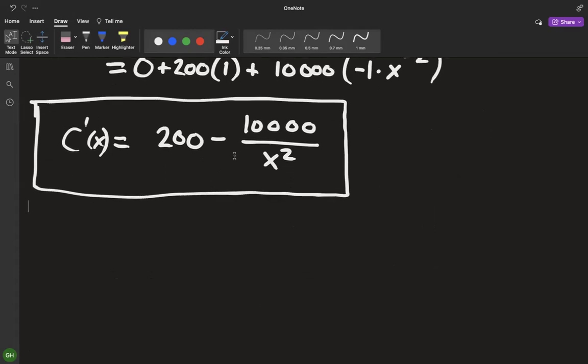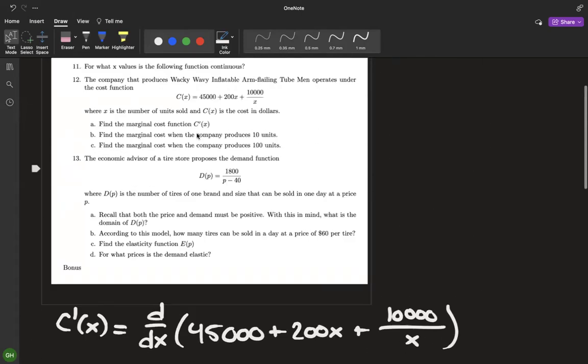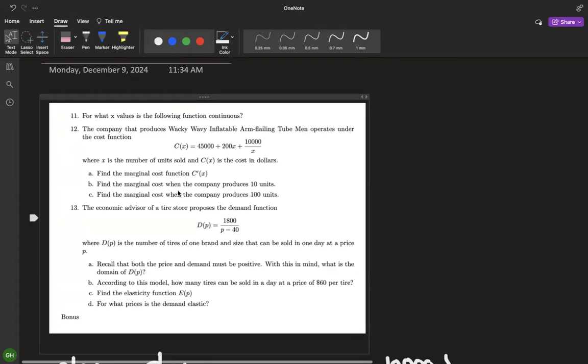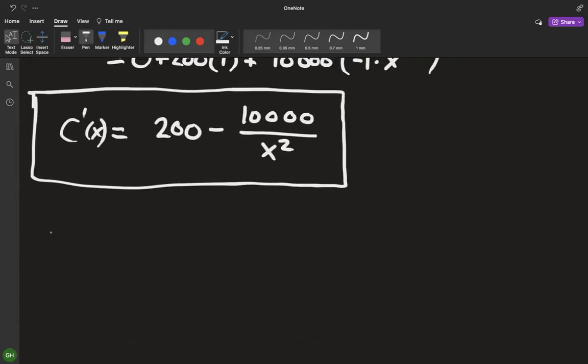This tells us that if we're producing x units, the marginal cost is the cost of producing an additional unit. So let's take a look at part B. We're asked to find the marginal cost when the company produces 10 units. So all that we have to do here is plug in 10 for x.